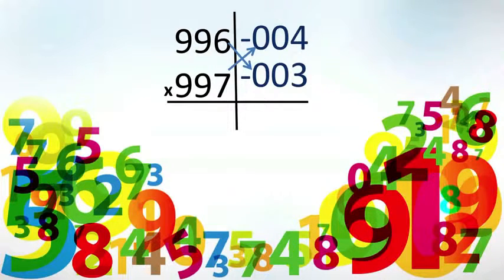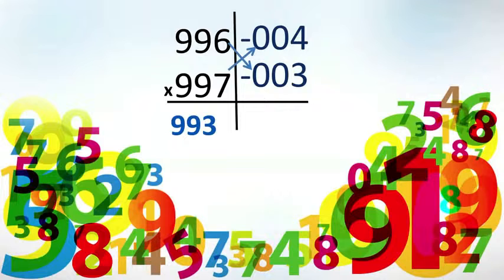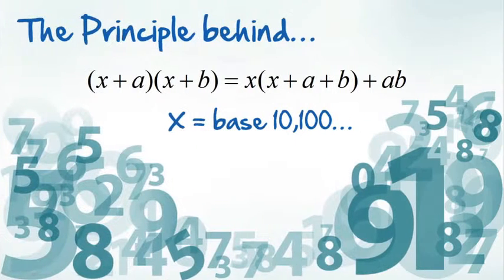So 997 minus 004 gives us 993, and then we multiply vertically, which gives us 0, 1, 2. And this is the principle behind it as to why it works, where x is the base of 10 and 100, and a and b are the deficiencies or excesses from the base.